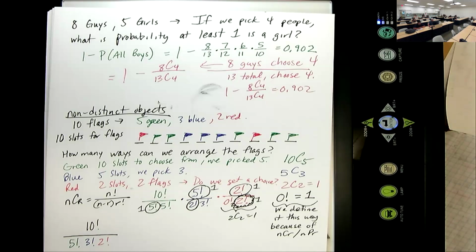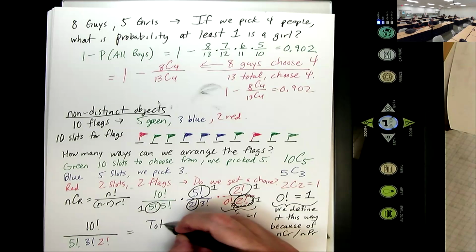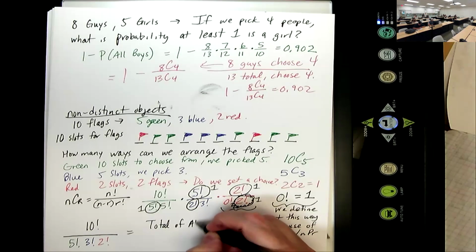This is how you do non-distinct objects. It's the total factorial.